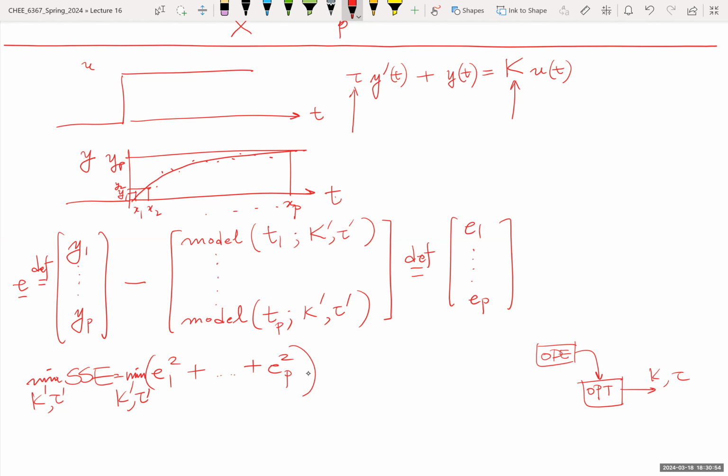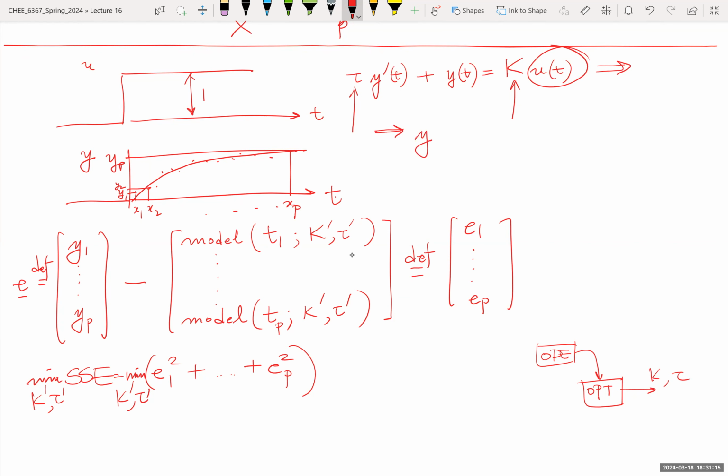In this particular case, because you have a simple model, what the model spits out is actually explicit because there is a solution to this equation. Here the input is a unit step change. And this is 1. We know the solution, right? The solution is analytical.